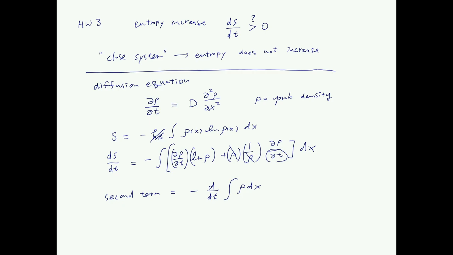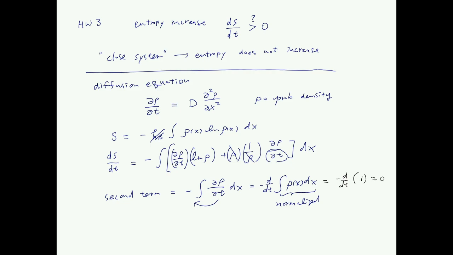But I know my probability density is normalized, so the integral should be 1.